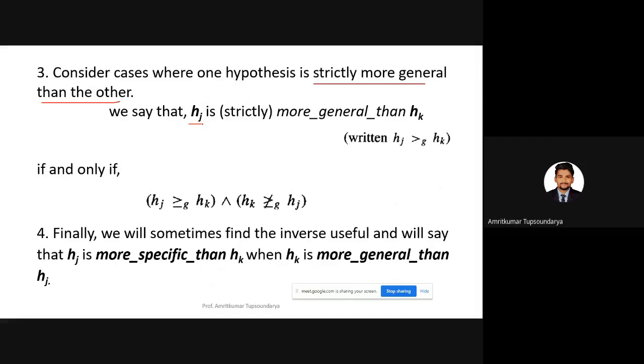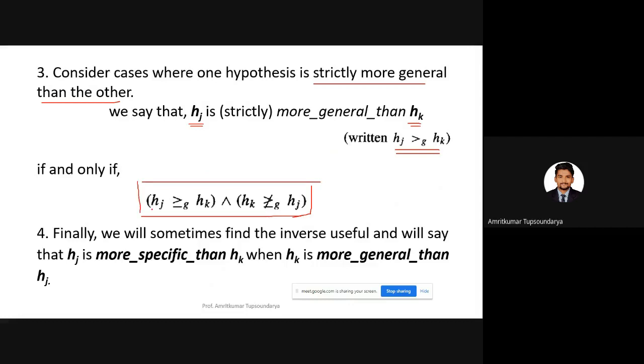Let's say hypothesis Hj is strictly more general than Hk, which is represented by this formula here. You can say Hj is strictly more general than Hk if and only if we satisfy this condition. Right?